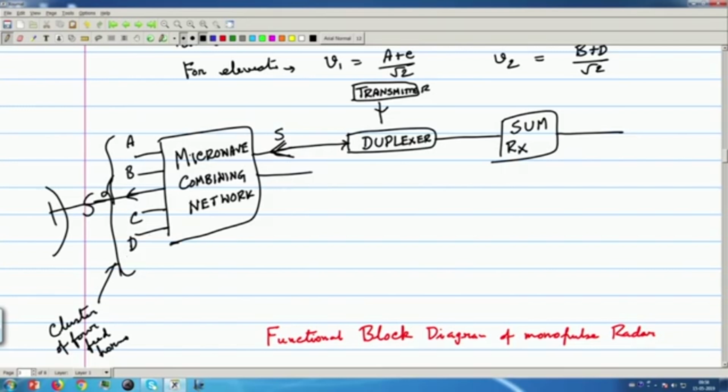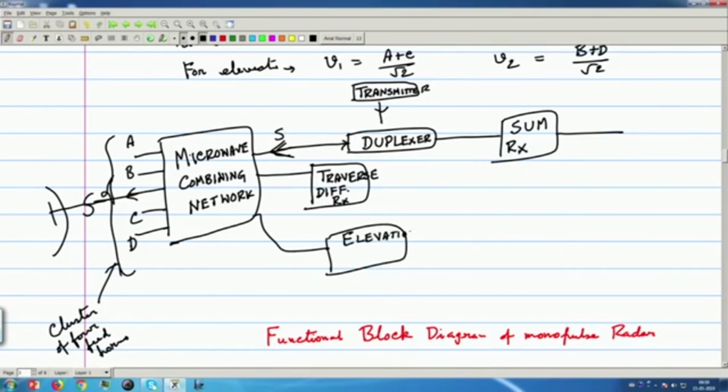The microwave combining network, with ABCD as input, also gives us a circuitry with another receiver, the traverse difference receiver. Also there will be an elevation difference receiver.